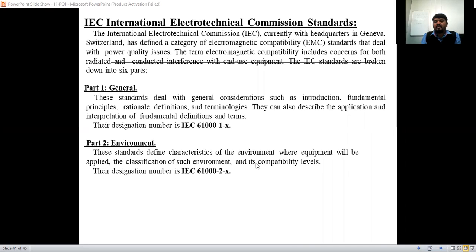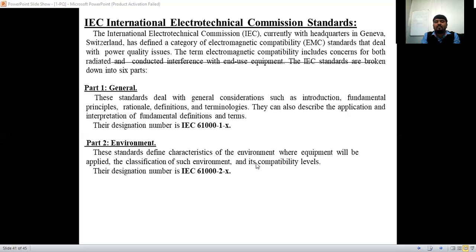Now in the agriculture field, you can observe that submersible pumps are put in the water itself, inside the bore, inside the well, and nothing happens. So where we apply the equipment, the characteristics of that environment are defined.